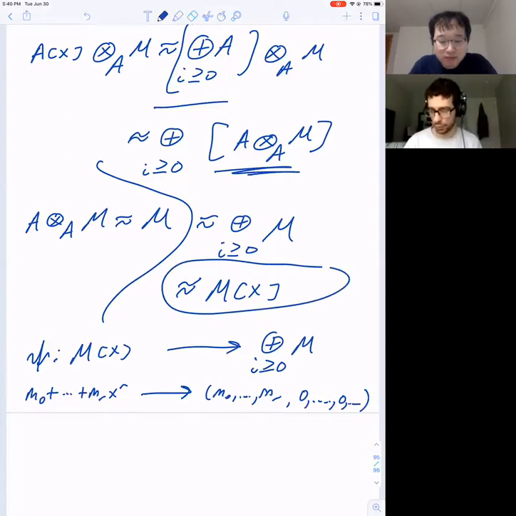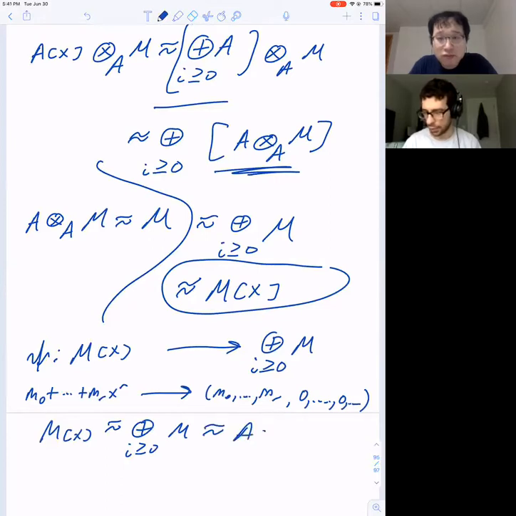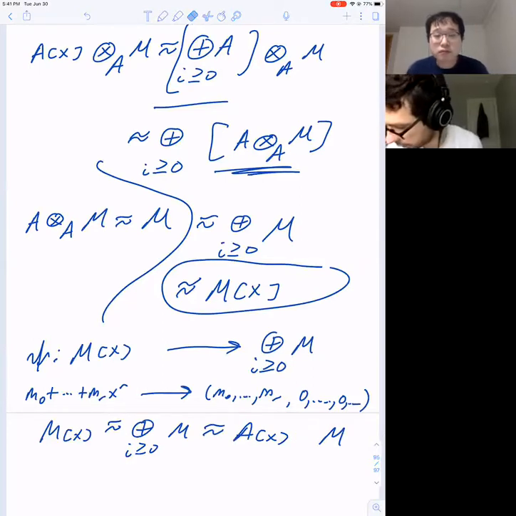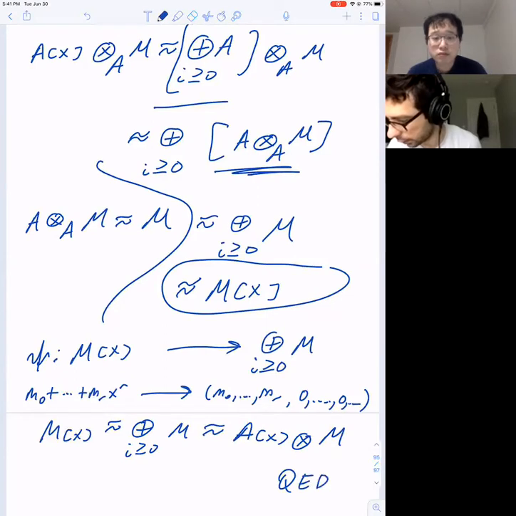So we have in fact proven that M bracket X is equal to infinitely many copies of M, but that is in fact also equal to, here I should have the tensor product. And so again, we are done.